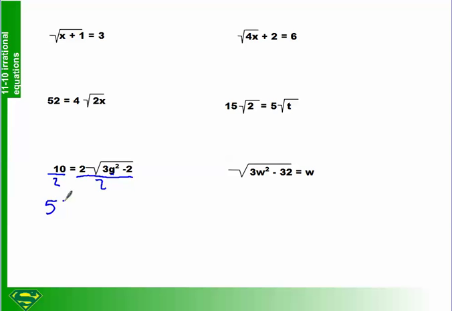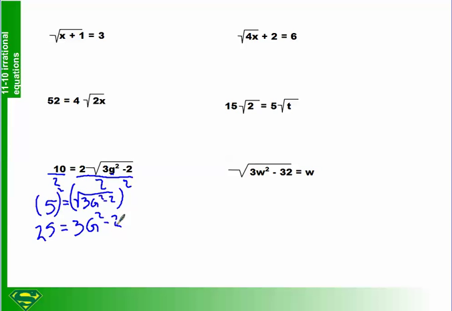So I get 5 is equal to the square root of 3g squared minus 2. Well, what's the opposite of square rooting? Squaring. So 5 squared is 25. So we get 25 is equal to 3g squared minus 2. What's the opposite of subtracting 2?